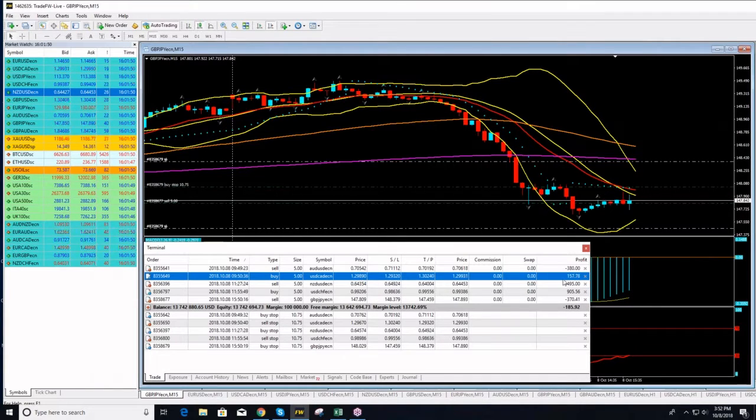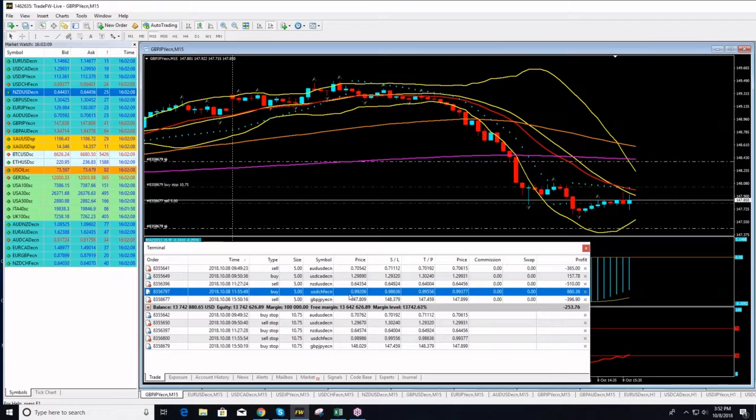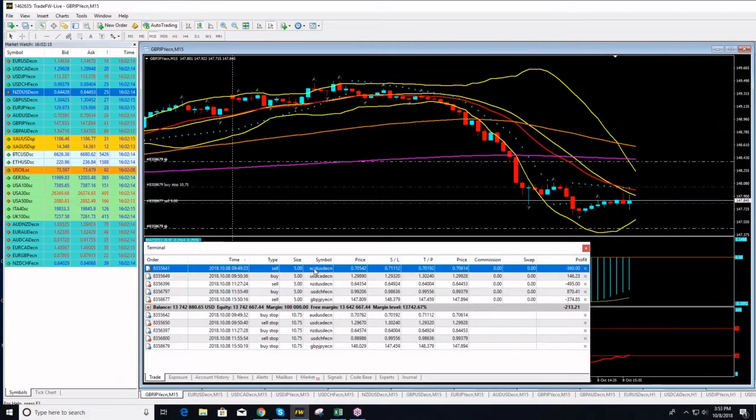If you see a plus there, if you decide to follow me, you will get a worse price than when I did, and your reward to risk ratio will be worse. So if you see a minus sign there and you decide to follow me, you will be in a better position than me. If you see a plus sign there and you decide to follow me, you will be in a much worse condition, worse price than what I did.